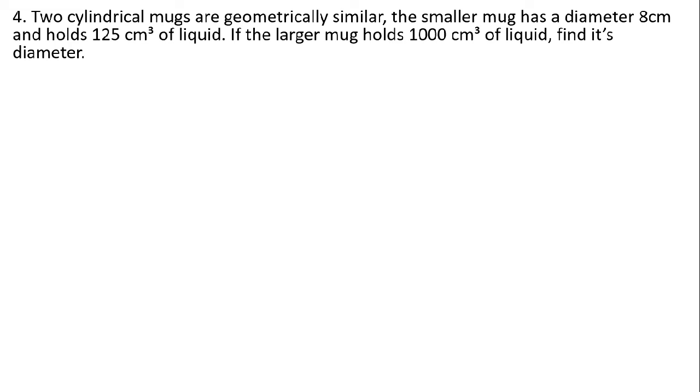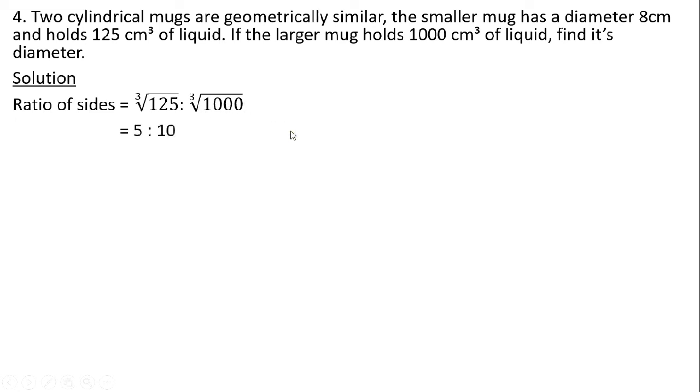So since the volumes have been given, we have to take the cube root of 125 and of 1000 to find the ratio of their diameters. The cube root of 125 is 5, and the cube root of 1000 is 10. Take that to its lowest terms, it is the same as 1 to 2.